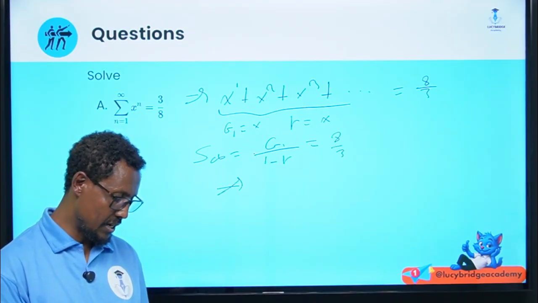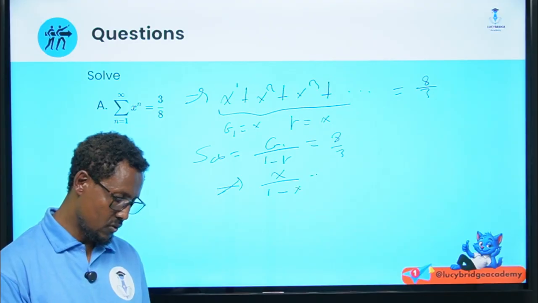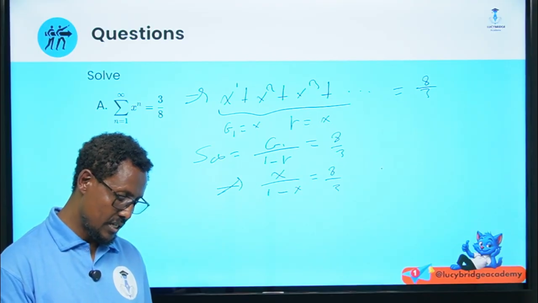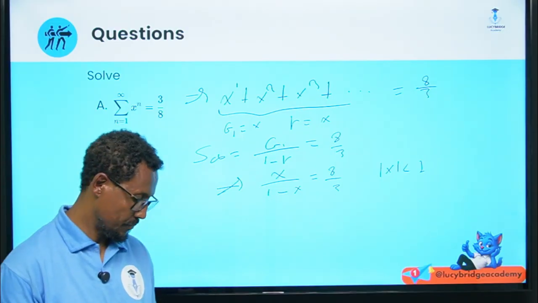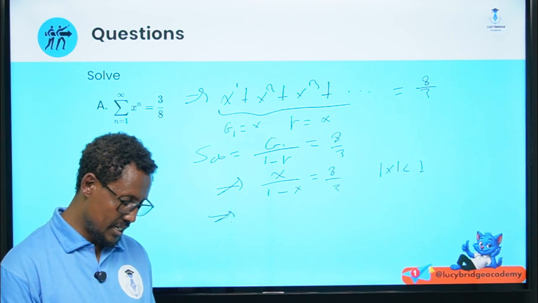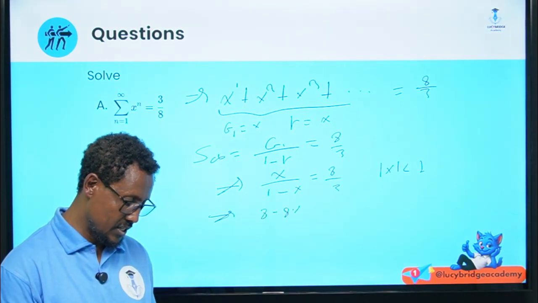This implies that g1 is x over 1 minus the common ratio, which is also x, equal to 8 over 3. But don't forget that the absolute value of r is less than 1, so the absolute value of x must be less than 1. We are going to find the value of x. This implies 8 minus 8x is equal to 3x.